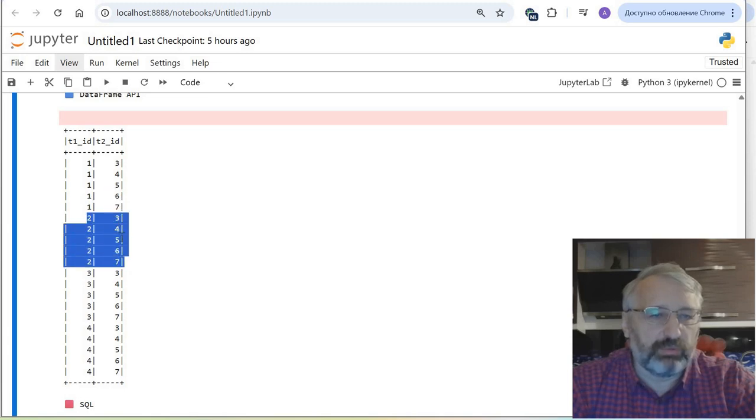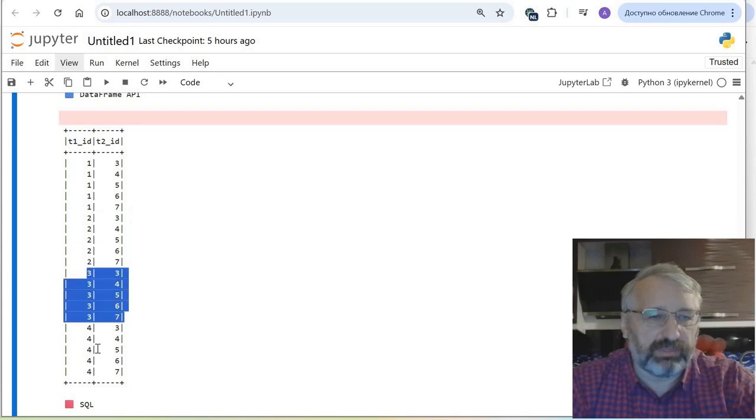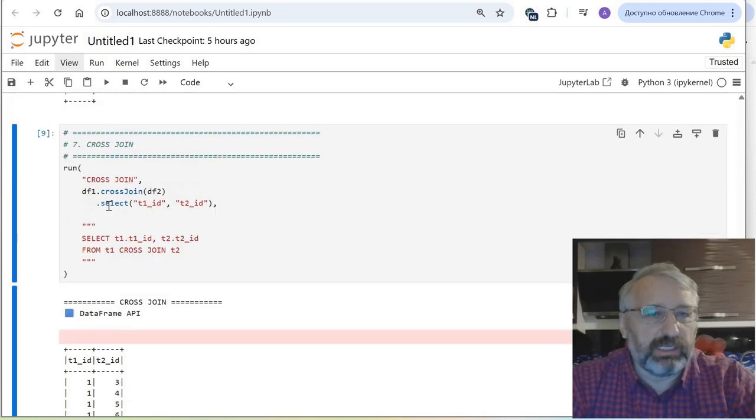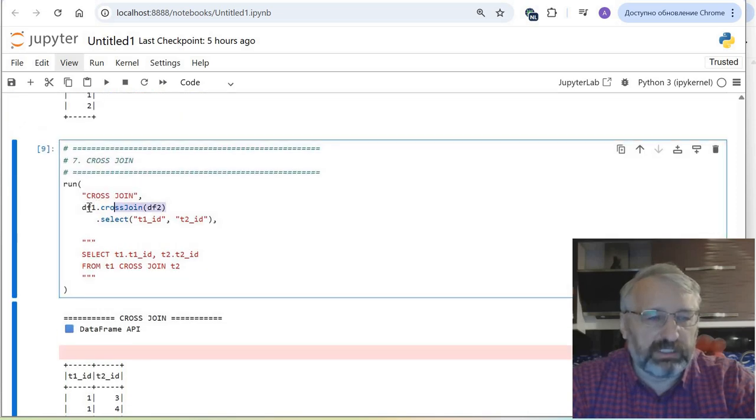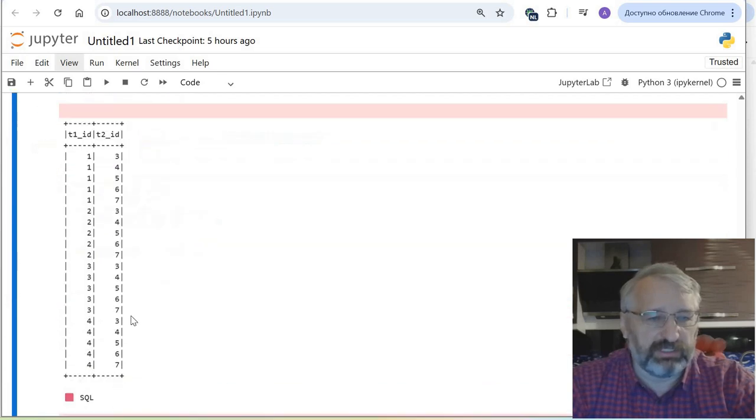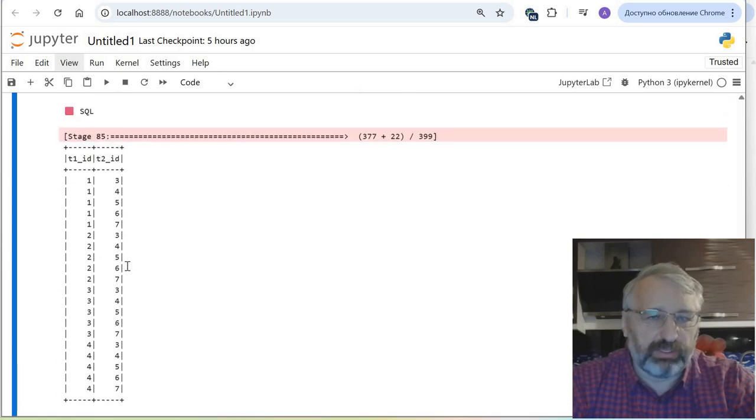Then we have 2 five times and 5 values on the right. Then we have 3 and all the 5 values, and 4. It is written as df1 cross join df2 in Spark syntax, and as from T1 cross join T2 in SQL syntax, and both are the same.